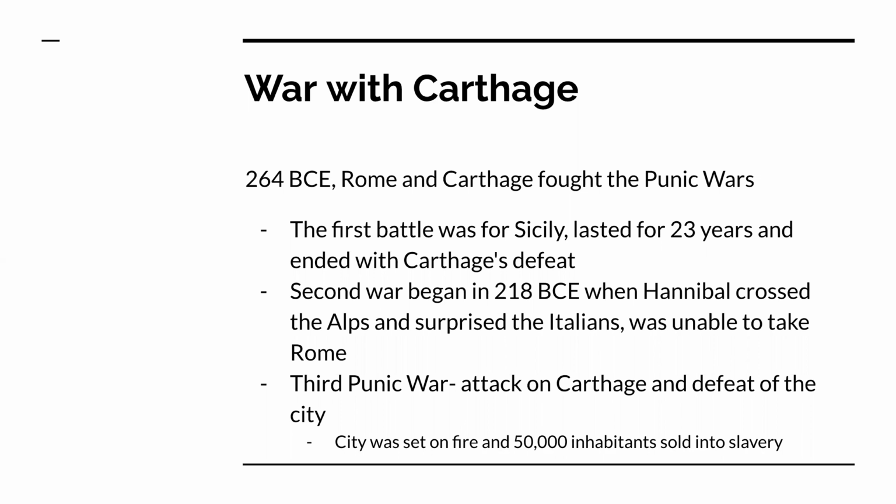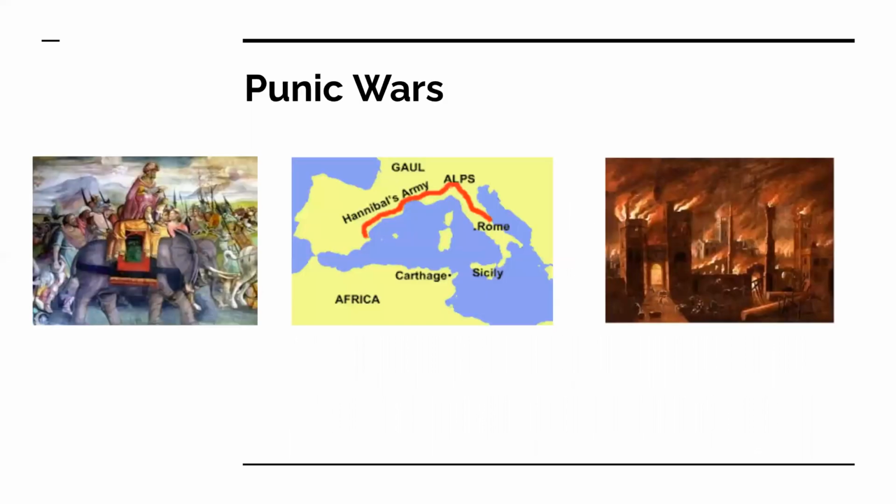So badly is Carthage defeated that they sow the ground with salt so that it would never be able to grow crops again. Carthage will never again become a power able to compete with Rome.